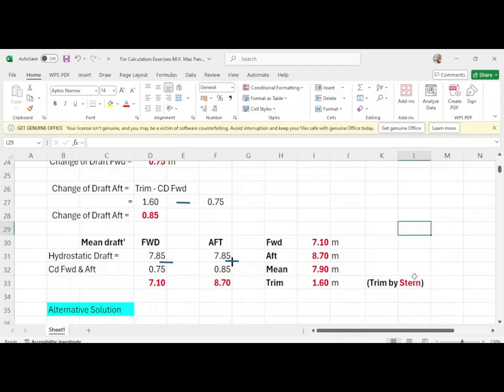Put here forward plus your up, and divide by 2. That will be your mean.